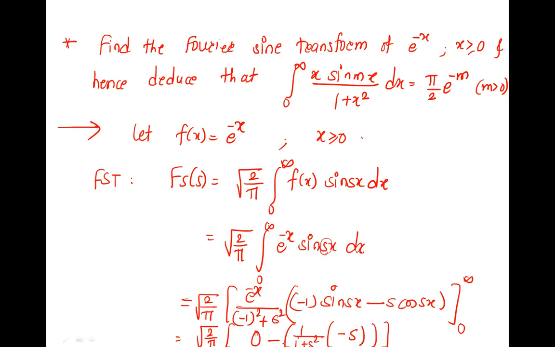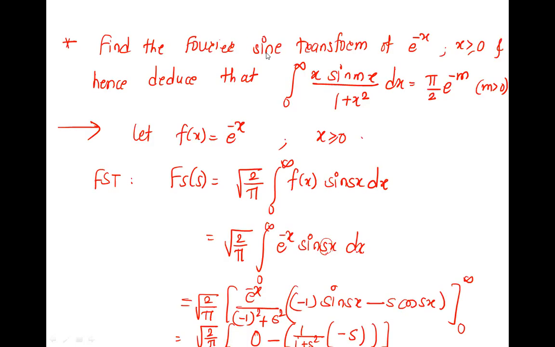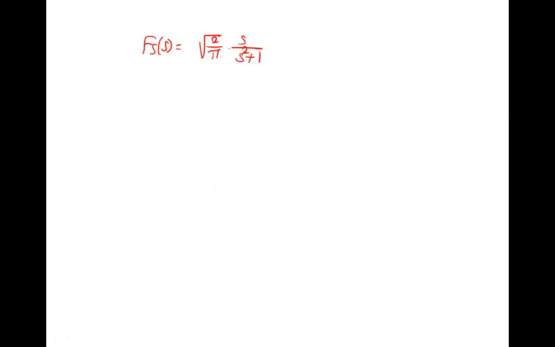This minus minus becomes plus, so s upon s square plus 1, into root 2 by pi. So the transform is s upon 1 plus s square.